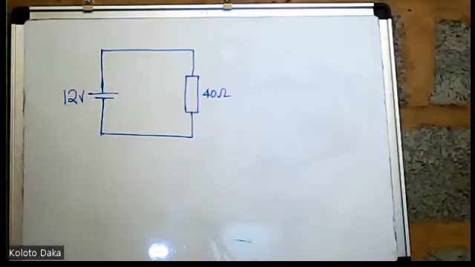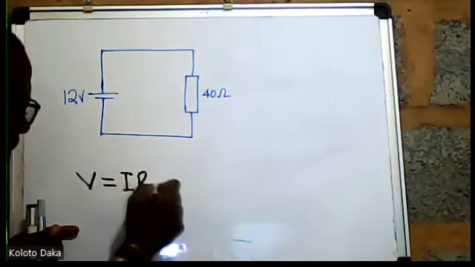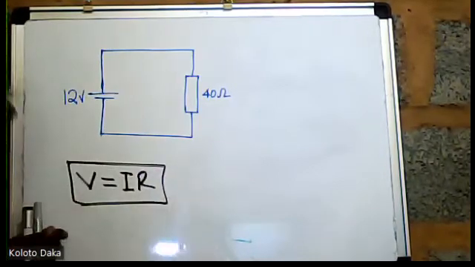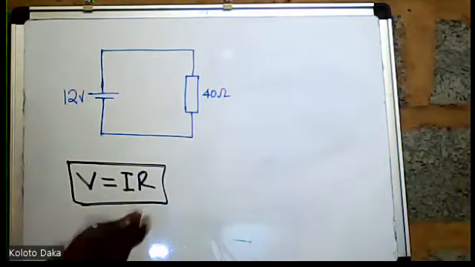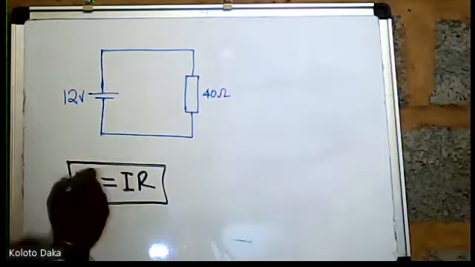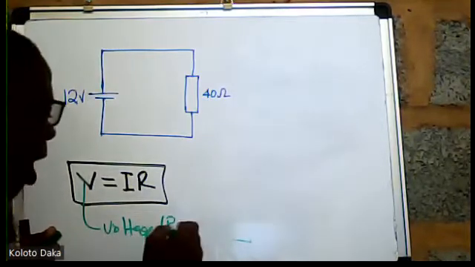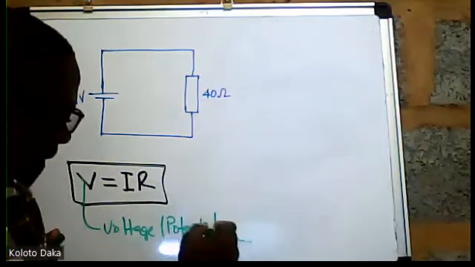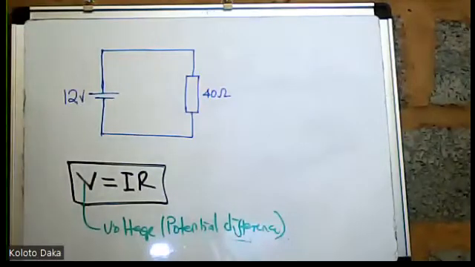Of this circuit, let me explain something. What do you know about Ohm's law? That is Ohm's law. V is equal to IR. What does that mean? This simply means that whenever there is the presence of voltage, what we call the potential difference, voltage is the potential difference.